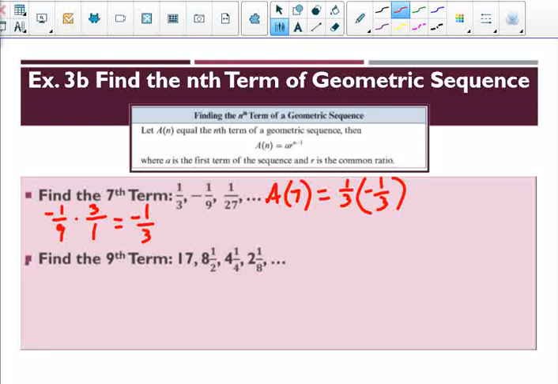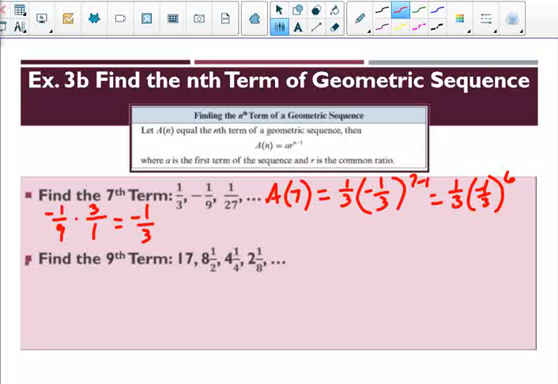And since 7 goes in for n, I have 7 minus 1, which is 6. So I need to rewrite our formula. To find the seventh term, it would be 1/3 times a negative 1/3 to the 6th power.